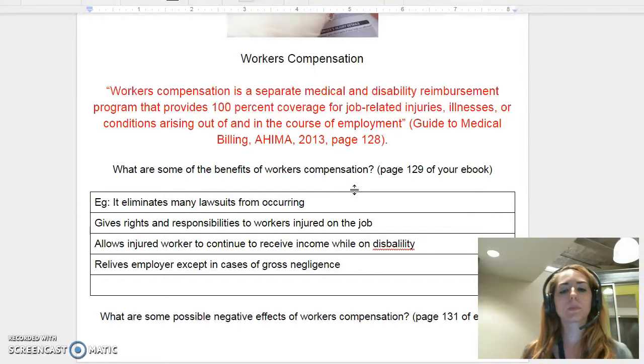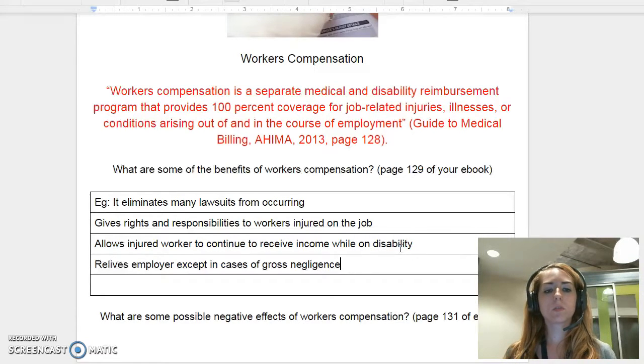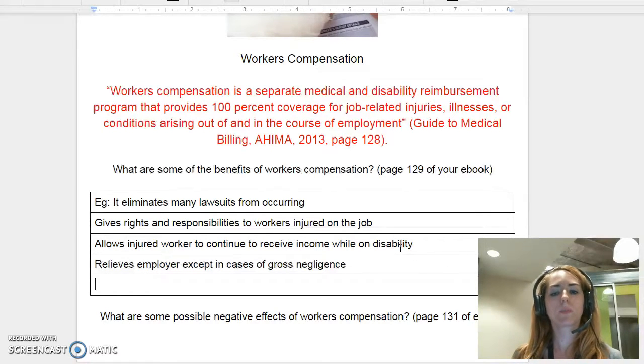It gives rights and responsibilities to workers who are injured on the job, and allows injured workers to continue to receive income while on disability, which is awesome. It also relieves employers of liability, except in cases of gross negligence. In those cases, the employer would still have responsibility.